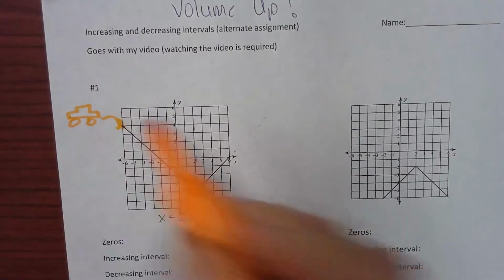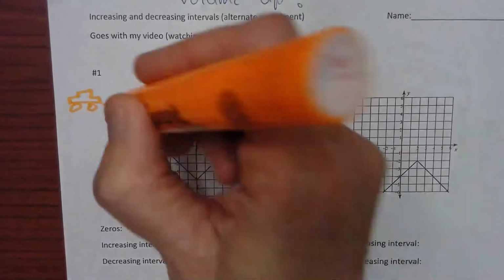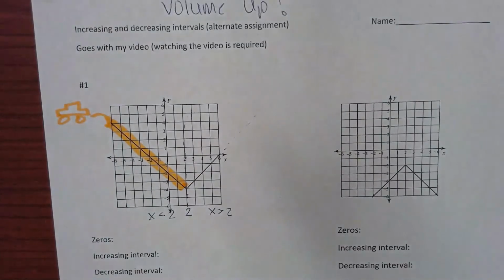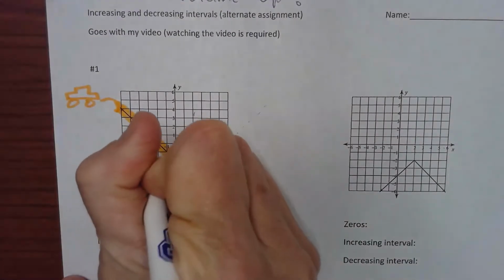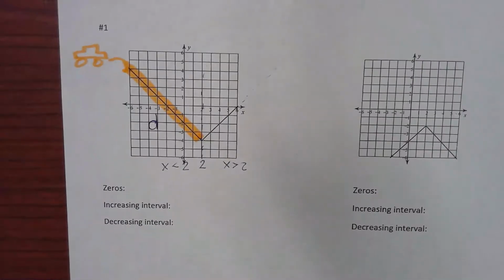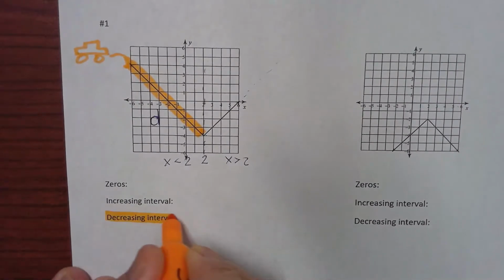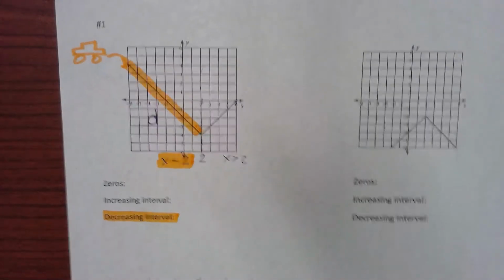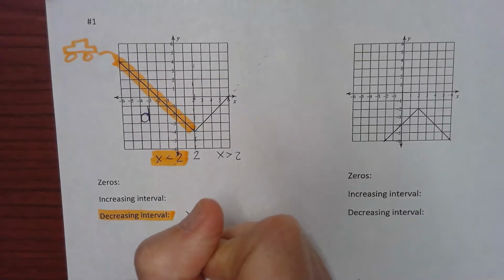You are going to go downhill first. So this side is decreasing. So we're going to put a D for decreasing. So the decreasing interval is the interval where my x values are less than 2.